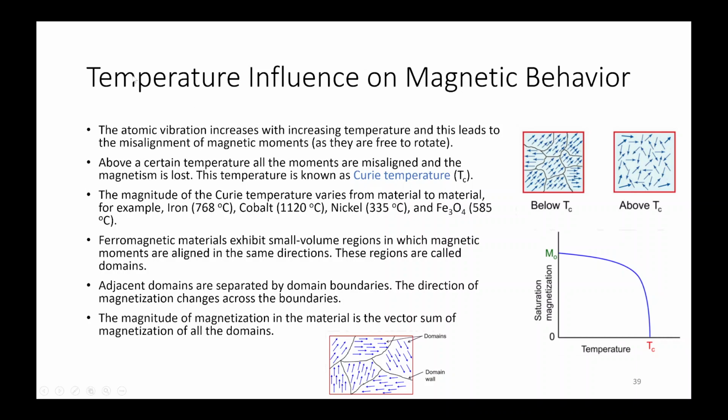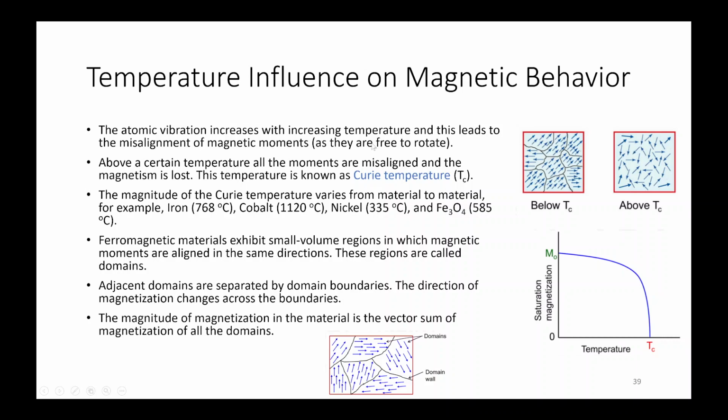Now effect of temperature on magnetic behavior. The atomic vibration increases with increasing temperature, and it leads to the misalignment of magnetic moments as they are free to rotate. So these are the magnetic moments. These are domains.